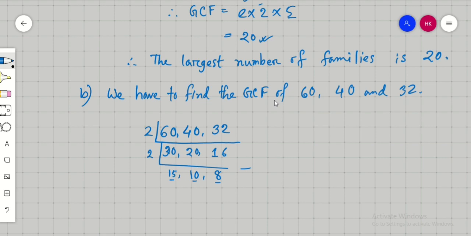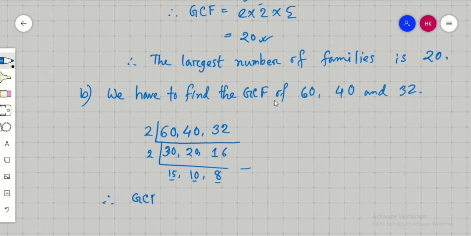No, because 15 is not divisible by 2. The other two numbers can be divided, but we cannot take them, because we have to divide all three numbers if we want to find the GCF. So here we finish the process of the Euclid method.